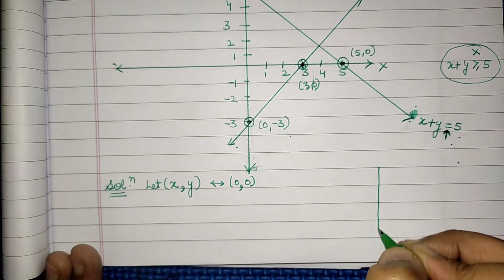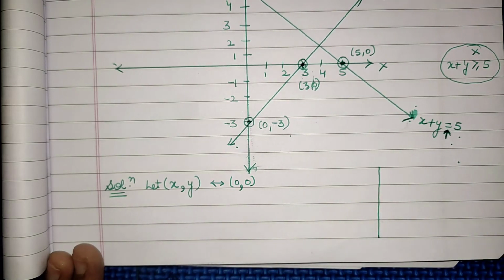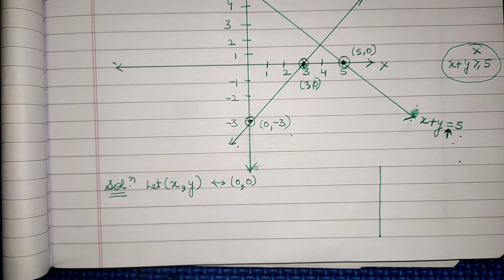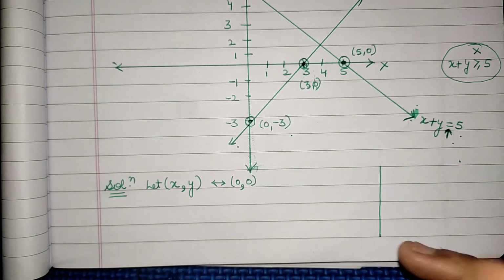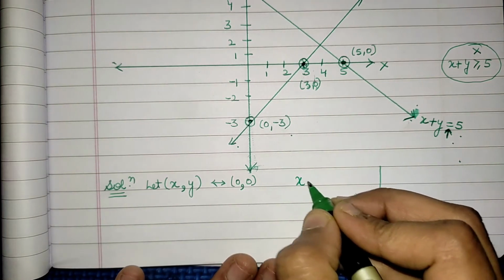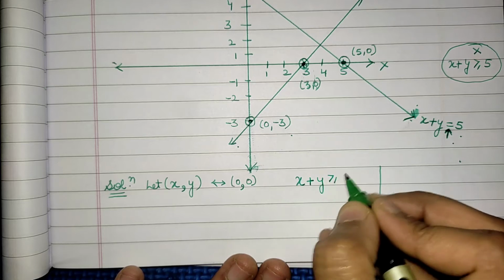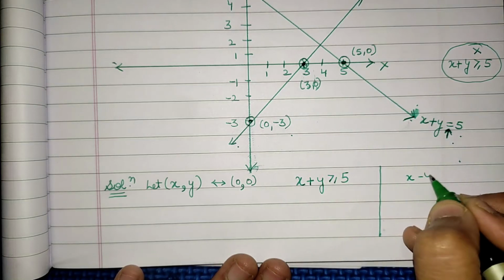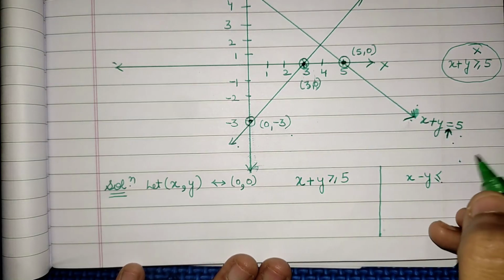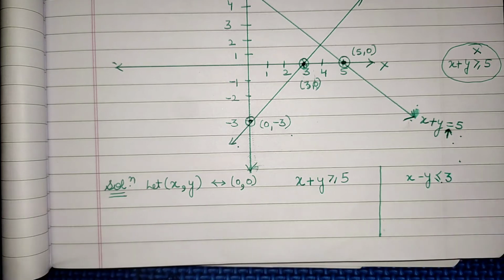At that time only one equation was given to us, so we were putting the values in one equation only and finding our solution on the graph. But now two equations are given to us, so we will put the values in both the equations and find a common solution for both the lines.